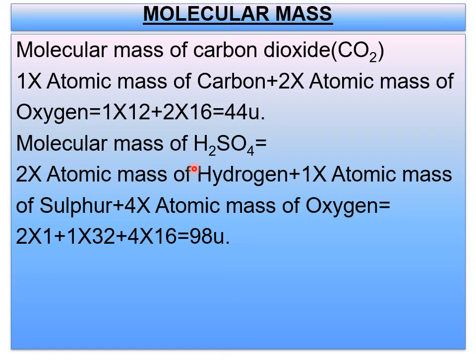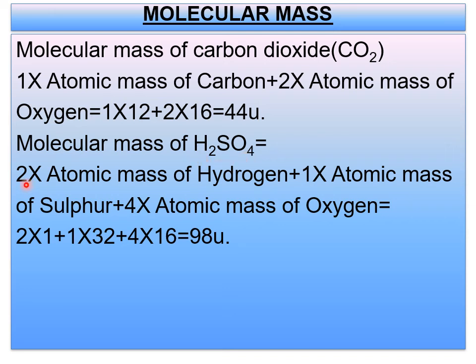When you go with the molecular mass of sulfuric acid, if it is given as sulfuric acid, you have to write the formula. Then you have to proceed with the molecular mass calculation. So H2SO4. When you see the formula, you have 2 atoms of hydrogen, 1 atom of sulfur and 4 atoms of oxygen. So that's the reason I told you about atomicity. Each and every table in this lesson is very important and you have to learn it by heart.